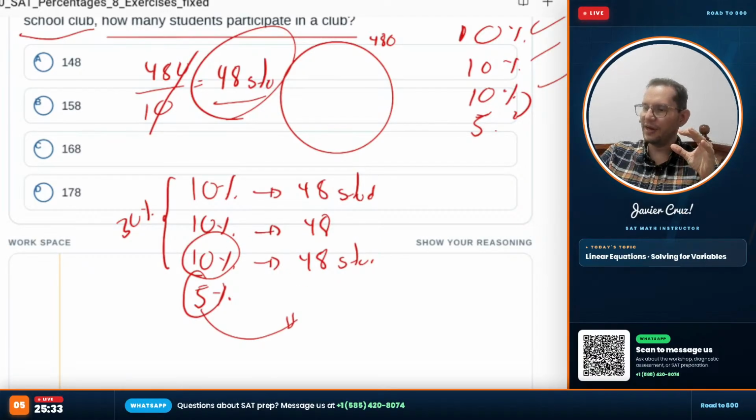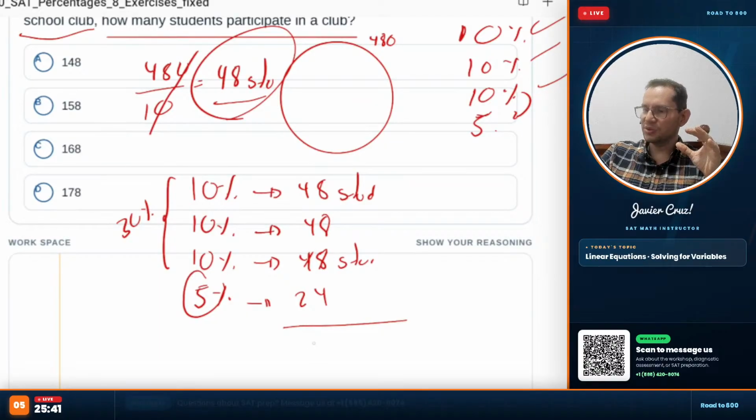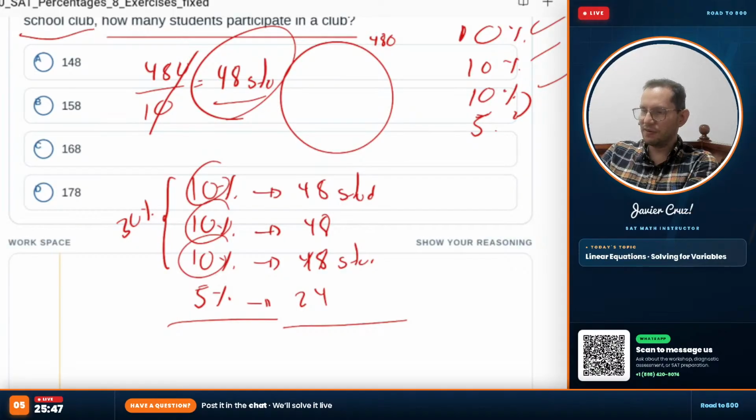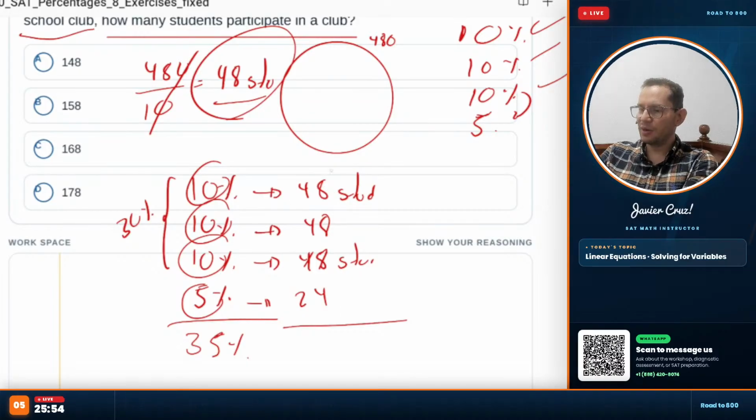What is the half of 48? So the half of 4 is 2, the half of 8 is 4. So it's 24. So then we need to add all those numbers. Why? Because 10 plus 10 is 20, plus 10 is 30, plus 5 is 35, right? And then we add all those numbers. But what is the best way to add all those?